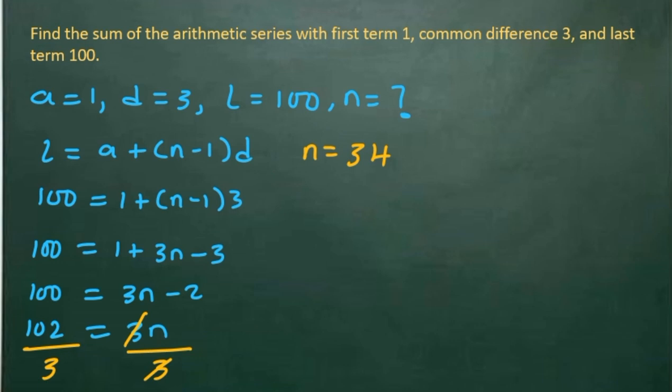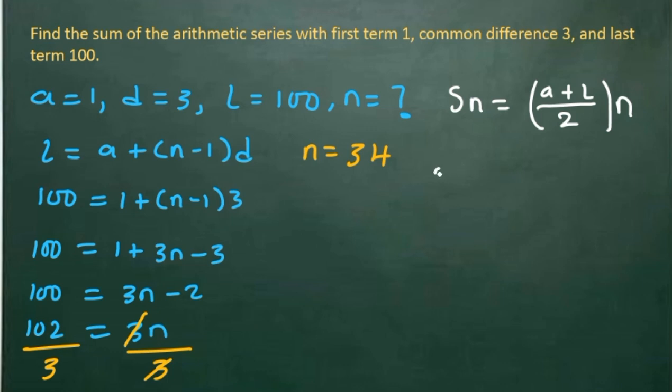So let's see how we can find the sum of the given arithmetic series. Now we know that Sn is given to be the first term a plus the last term, that is the partial sum of an arithmetic progression, divided by 2 times n. Okay, so that's the formula we are going to use, right?